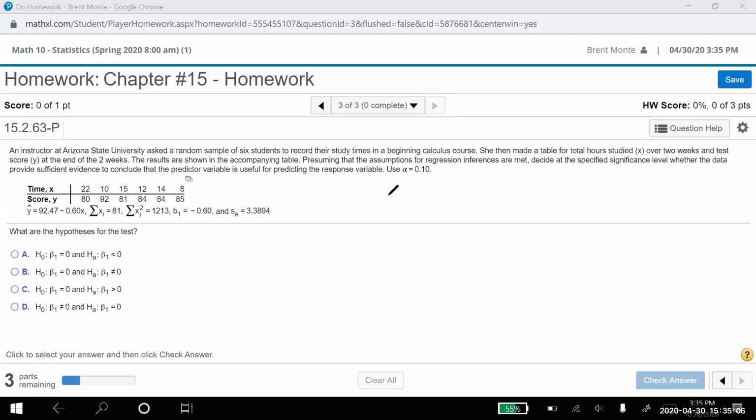Okay. Now, it says, again, the question being, the predictor variable is useful in predicting the response variable. In other words, the way I would word this, let's change my pen color to black, is study time.